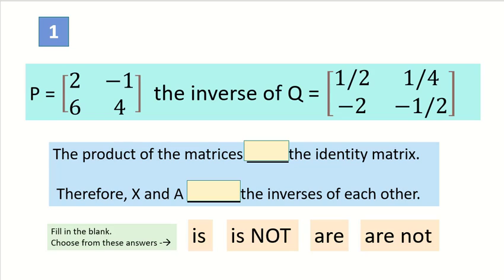So we want to actually test that out by multiplying these two matrices together. And I'll put them up here so we can see the work. If I multiply them together and I get the identity matrix, then I'll know that they're inverses.